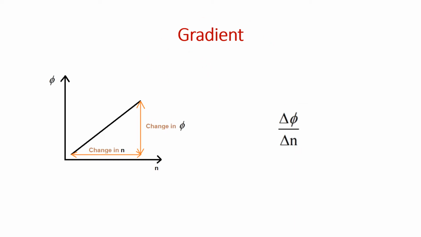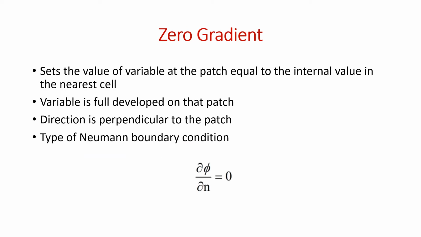Having understood gradient, let us move on to what is zero gradient. Zero gradient sets the value of the variable at the patch equal to the internal value in the nearest cell. So a cell has a center, and there is a face and a nearest cell. The face center value would be equal to the nearest cell center value.